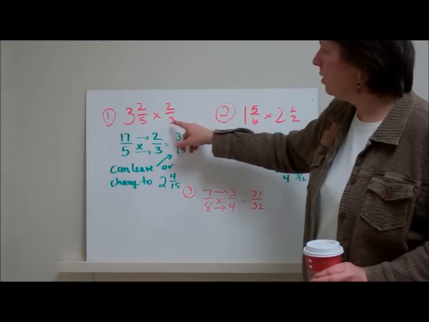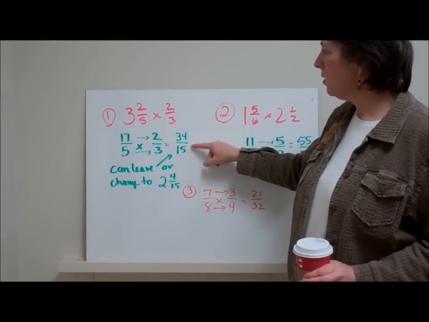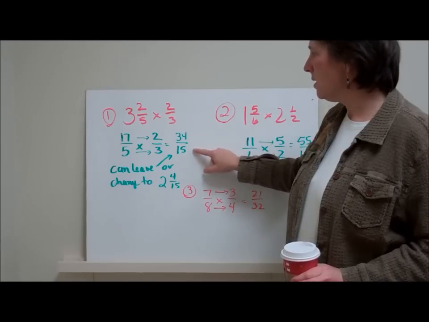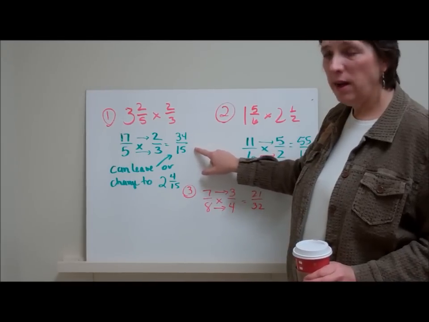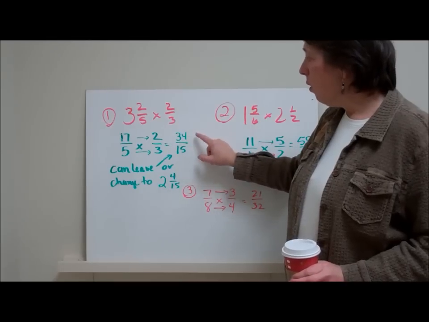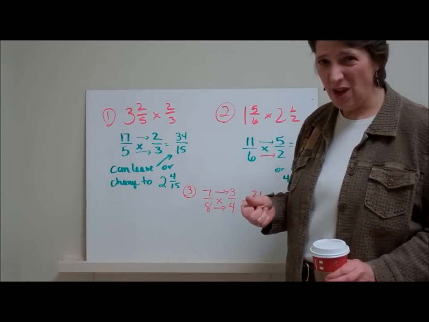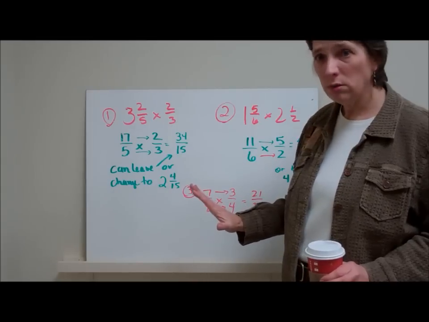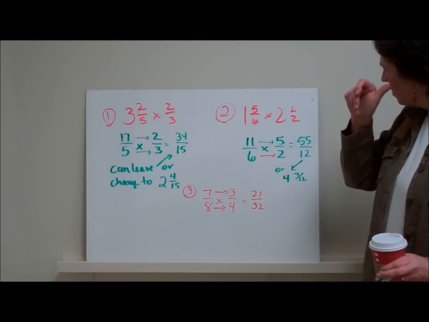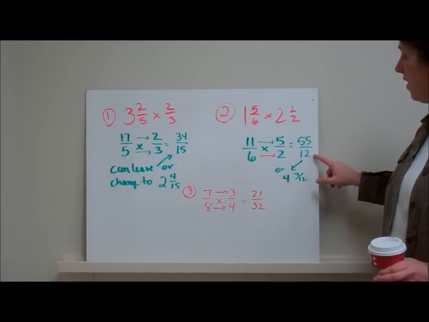Well, for the first one, the improper fraction is 17/5 times 2/3. You get 13/15. You can leave it like this because this doesn't simplify, because 3 plus 4 is 7, and that's not a multiple of 3. Or you can change it to 2 and 4/15, but I'm encouraging you not to do that. It's not wrong. Then number 2, when we change these to improper fractions, you got 11/6 times 5/2, 55/12.